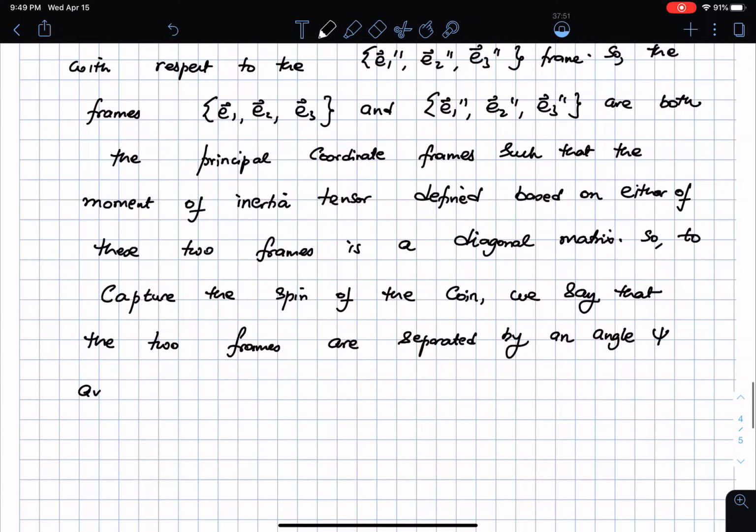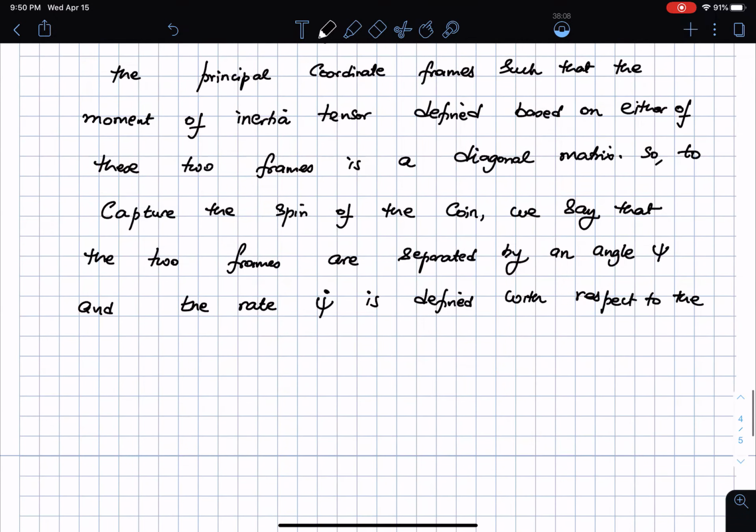Okay, and the rate psi dot is defined with respect to the E3 double prime frame.